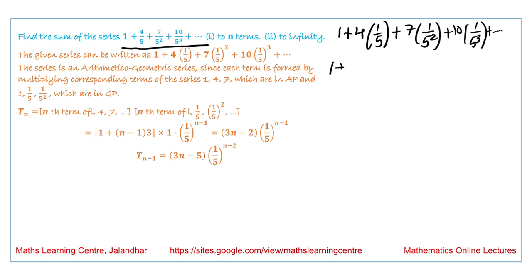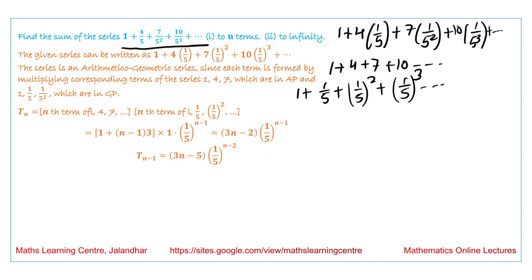So the AP is 1 plus 4 plus 7 plus 10 and so on, and the GP is 1 plus 1 by 5 plus 1 by 5 square plus 1 by 5 cube and so on.